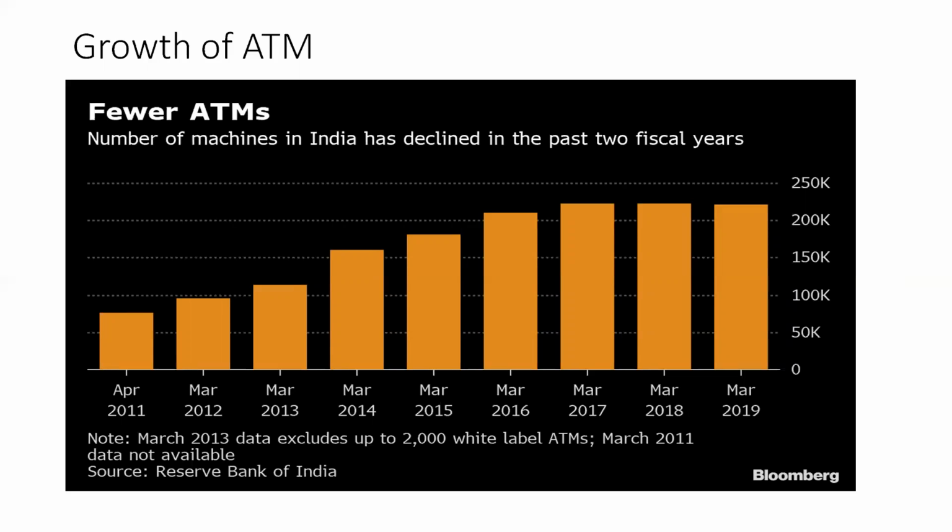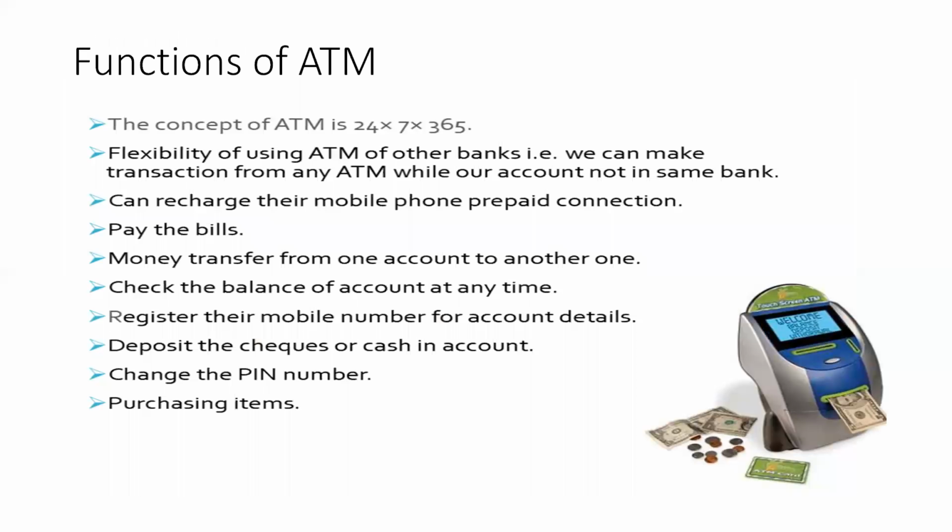In March 2011, the ATMs were less than 10,000. By March 2019, they were more than 225 thousand, touching around 250 thousand in India. This data is collected from the Reserve Bank of India database.